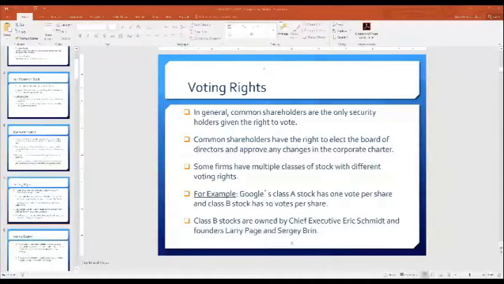So, kina-classify nila yung mga stockholders nila, yung mga common shareholders nila. Pero, it's the arrangement of the company itself. So, hindi yan nasusulat sa mga corporation law. Diba? So, it's the arrangement of the company. Okay? Next po.